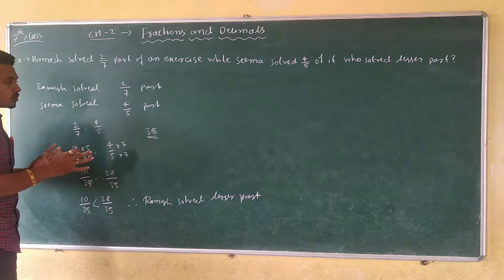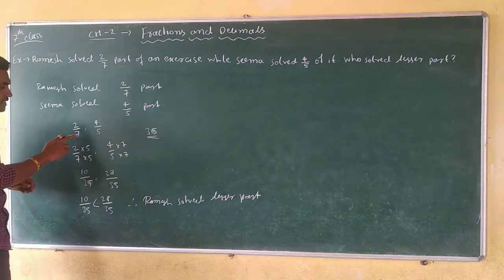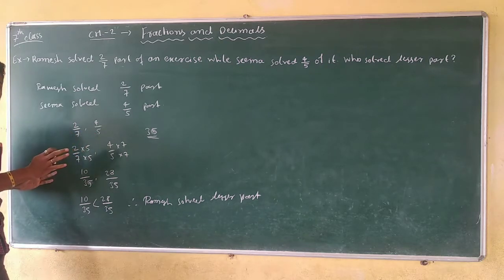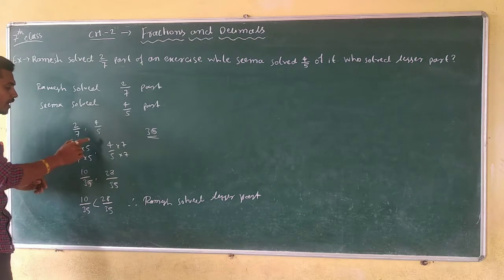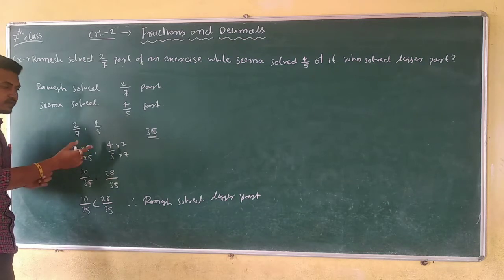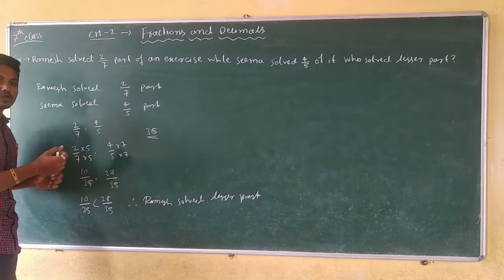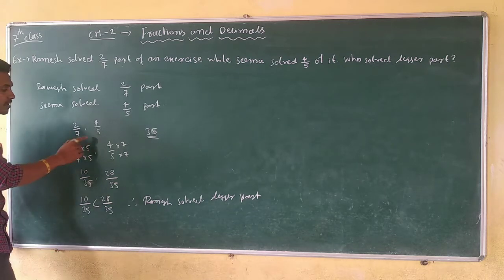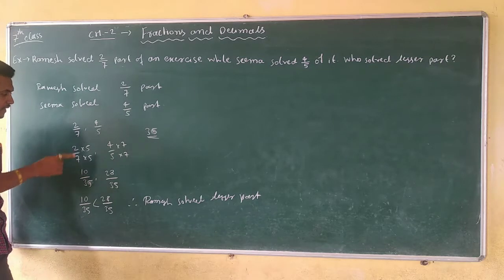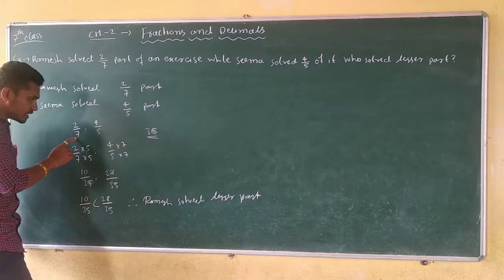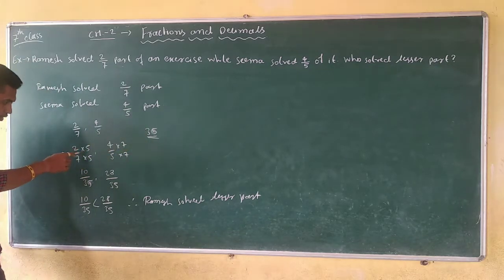You understood how to compare 2 divided by 7 and 4 divided by 5. If their denominators are different, then first we have to convert these denominators to be equal. How to convert? First find their LCM of 7 and 5, which is 35. Then 7 5s are 35, so multiply the numerator also by 5.